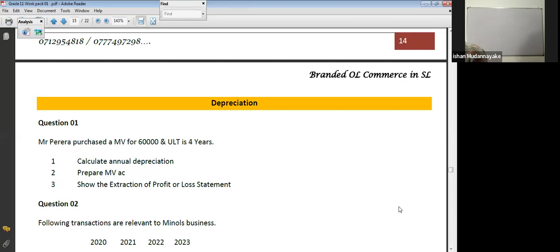Some of the questions, question number 1, 2, 3, are related to depreciation.